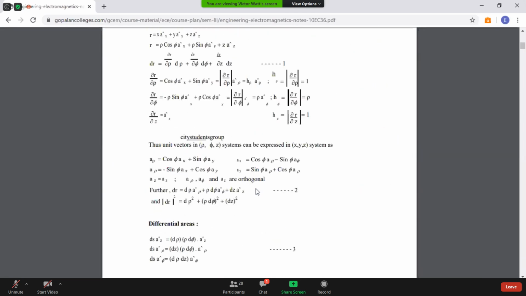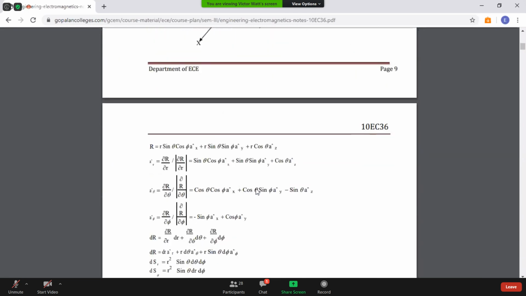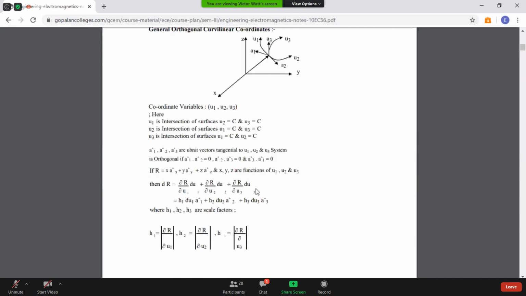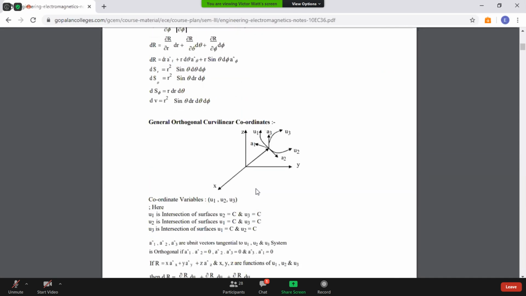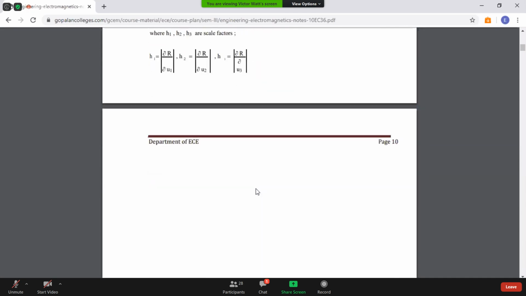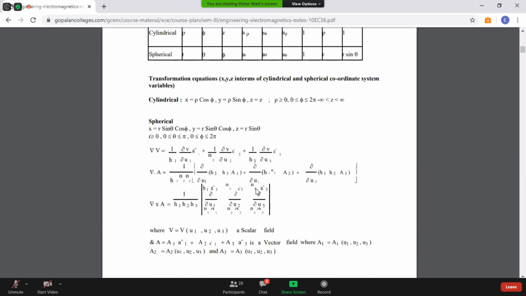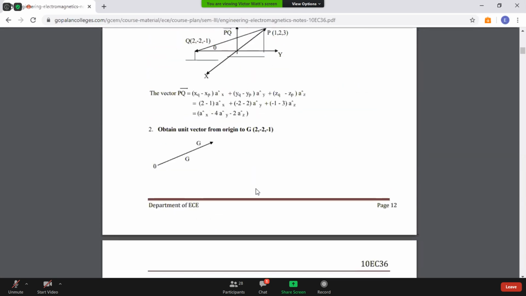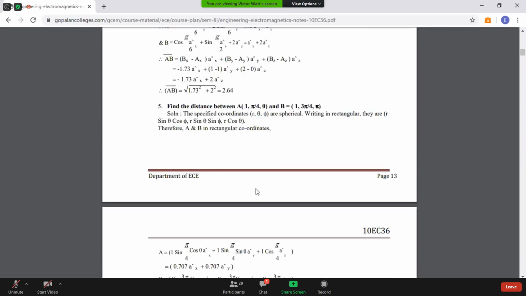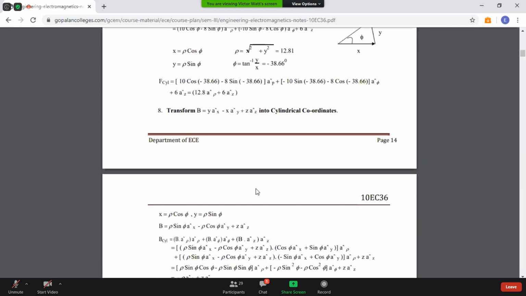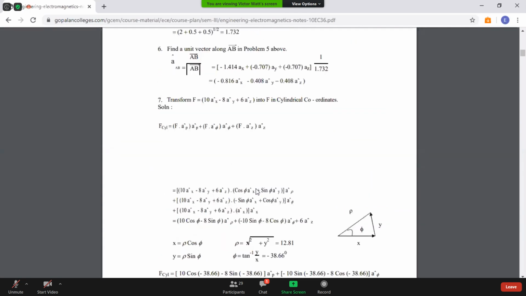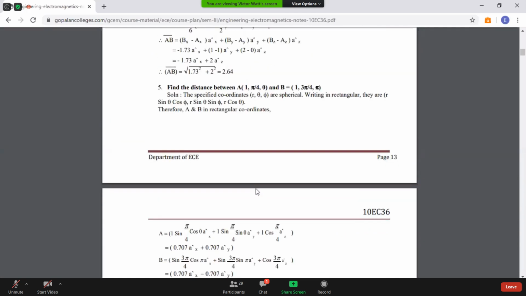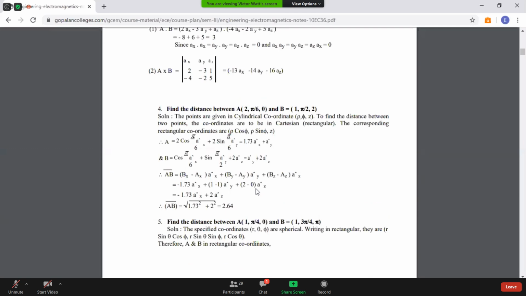All right, let me go back to this. I wanted to see a diagram where it is done, but anyway, this is it.